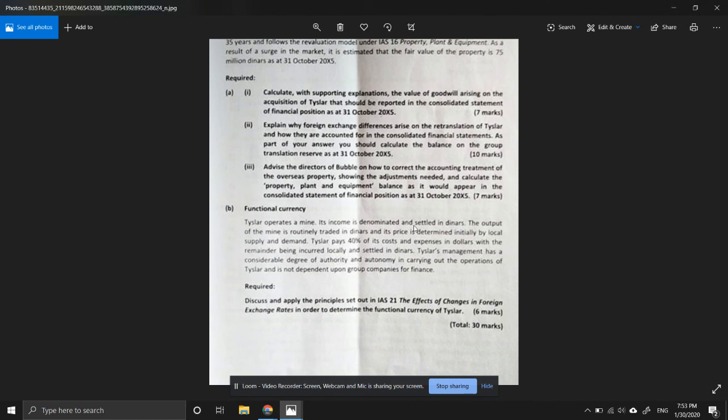Okay, so it's affected by dinars. The output of the mine is routinely traded in dinars, and price is determined by local demand and supply. 40% of its costs and expenses are in dinars, with the remainder being locally unsettled in dinars. So 60% is the other part, right?